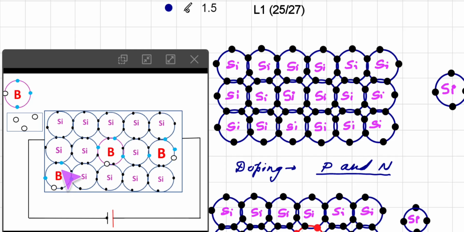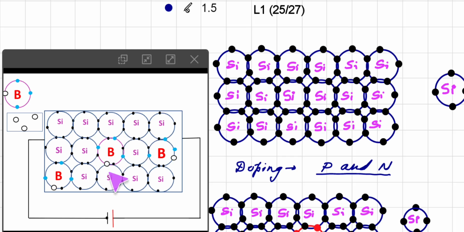So wherever we dope these atoms, see what is happening: this electron forms a bond with this electron, this with this, this with this, that means these 3 electrons are forming the bonds. So what we observe is that now this silicon has completed its octet and become stable, this also and this also.